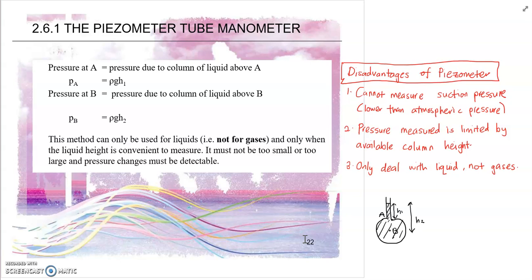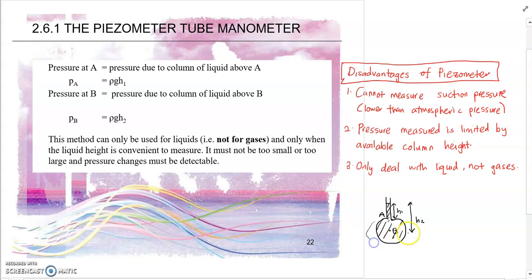Second, the pressure measured is limited by available column height, which means the pressure measured must be relatively small so that the height of the column is reasonable. If your pressure is too high, you won't have a reasonable height h1.